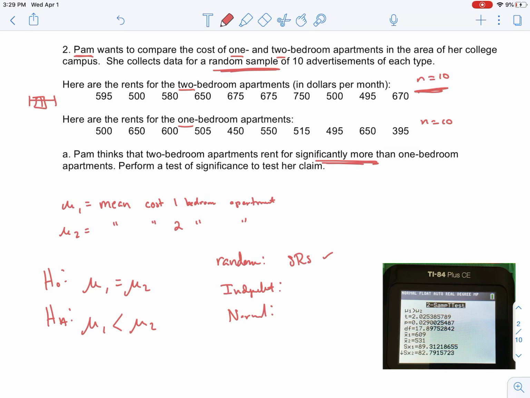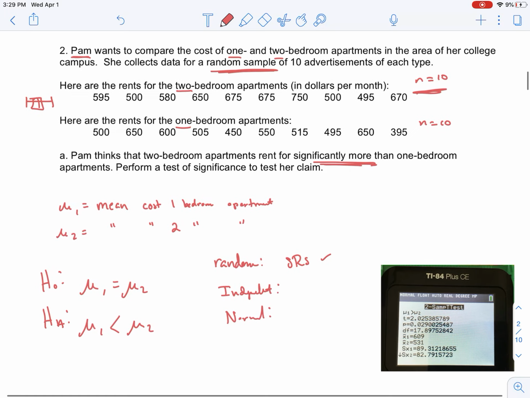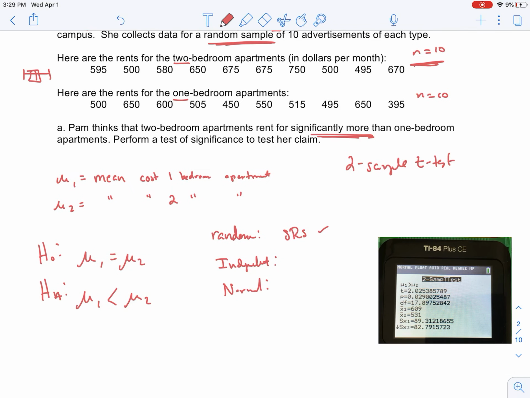Let's see here. I should name this. This is a 2-sample t-test. Some people say a 2-sample t-test for means, or a t-test for 2-sample means. It's all the same thing. The things that are significant there are the words 2 and t.